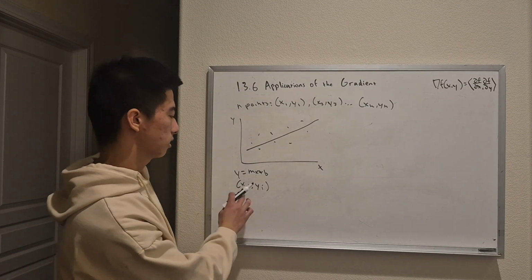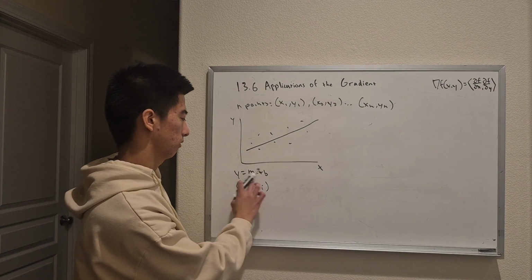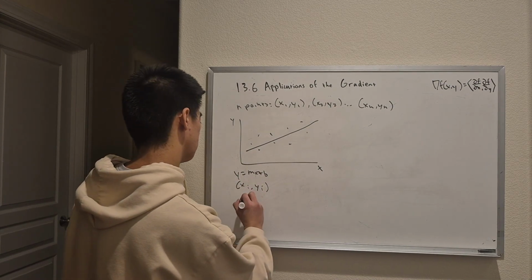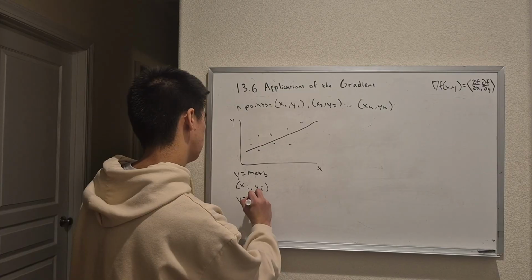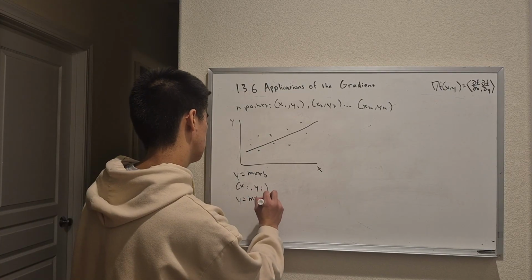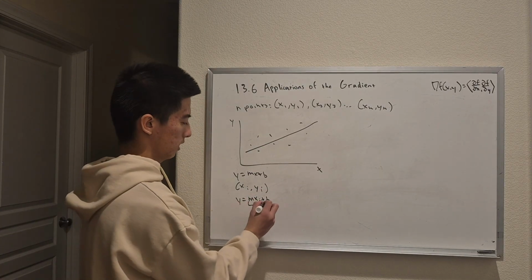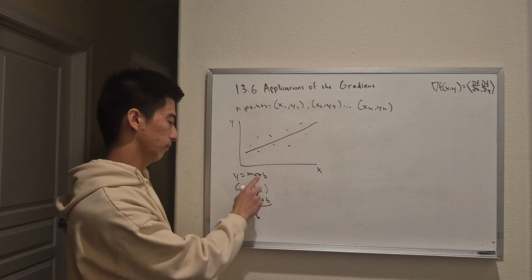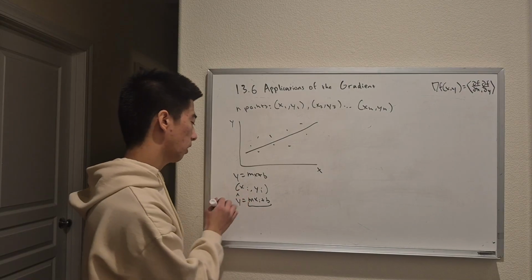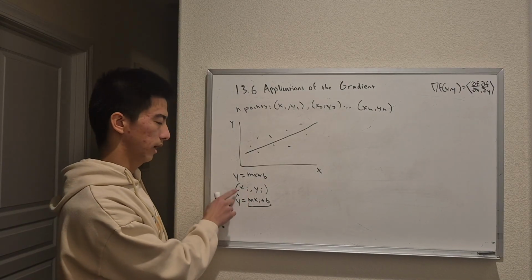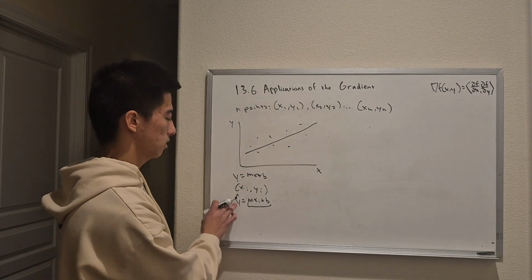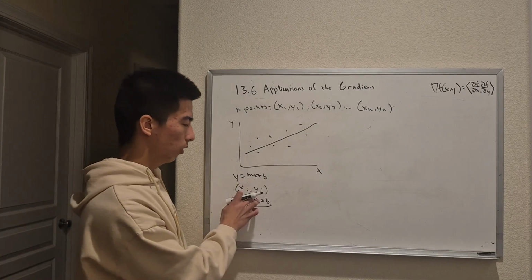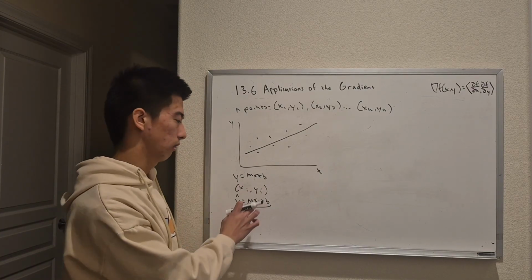What we can do is plug xi into our function, so we get y = m xi + b. So now this expression gives us the predicted value of y with our line, which I will denote as y hat with this little caret. But we know our actual value of y, that's yi.